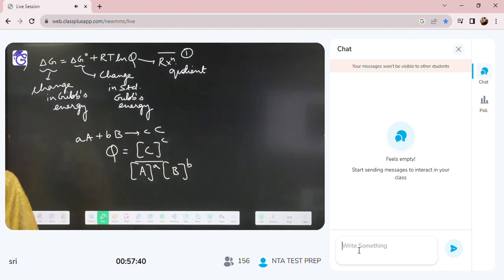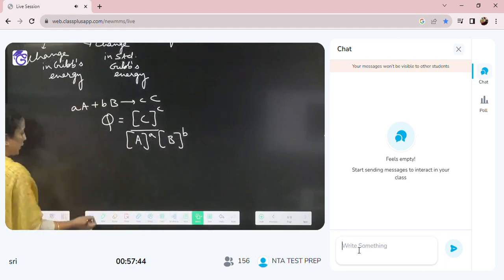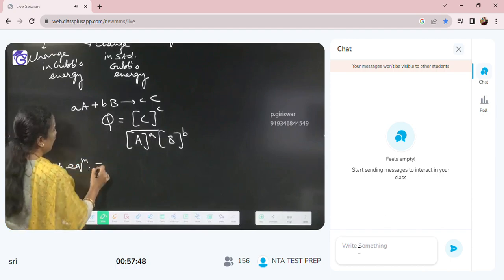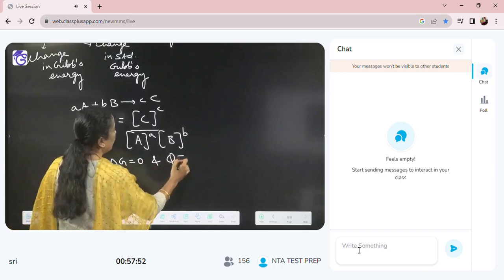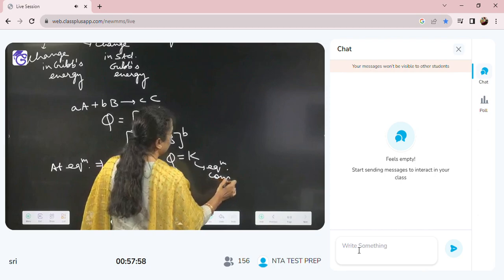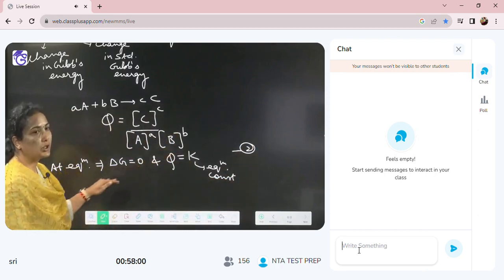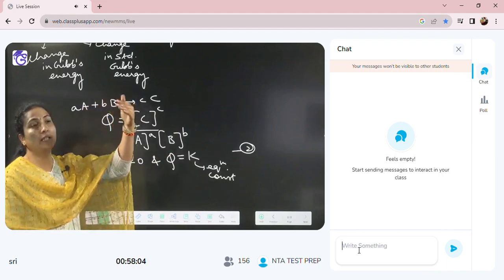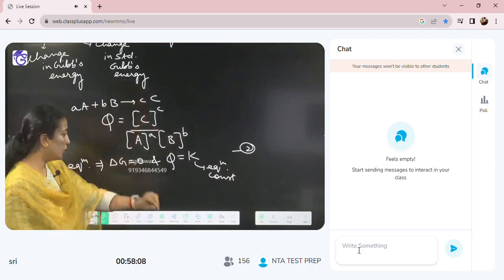It is for anything other than equilibrium. Now, at equilibrium what happens? Delta G is 0 and Q will be replaced by the equilibrium constant. Let us say this is condition number 2. So I am applying the second condition into the first equation here, right?